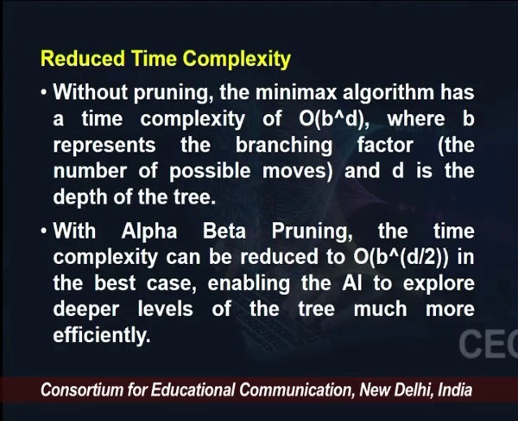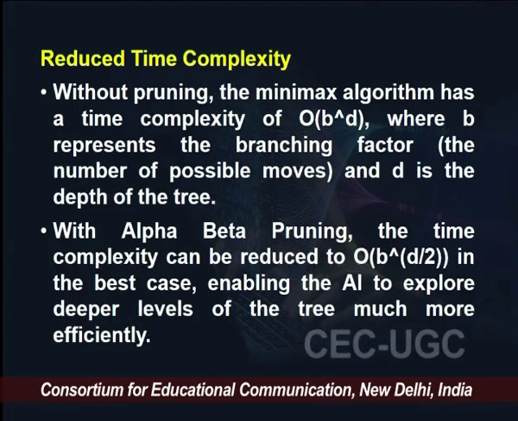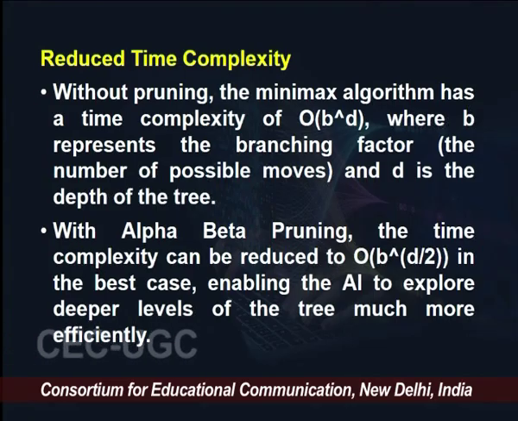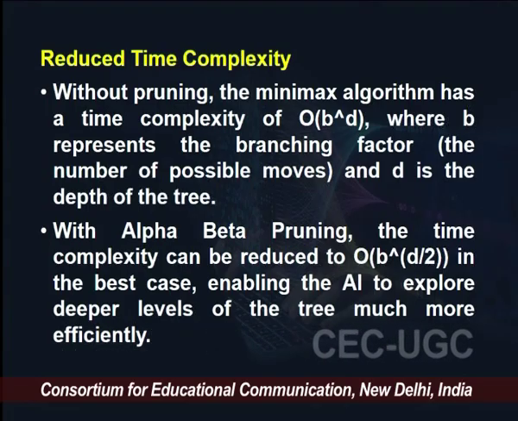With this improved efficiency comes reduced time complexity. Without pruning, the minimax algorithm we have seen has a complexity of order of b to the power d, or b to the power m, whatever variable you choose here, where b represents the branching factor, the number of possible moves, and d or m is the depth of the tree.